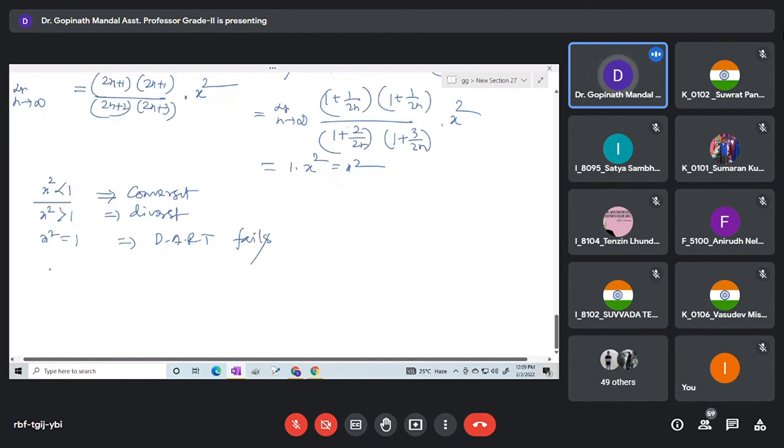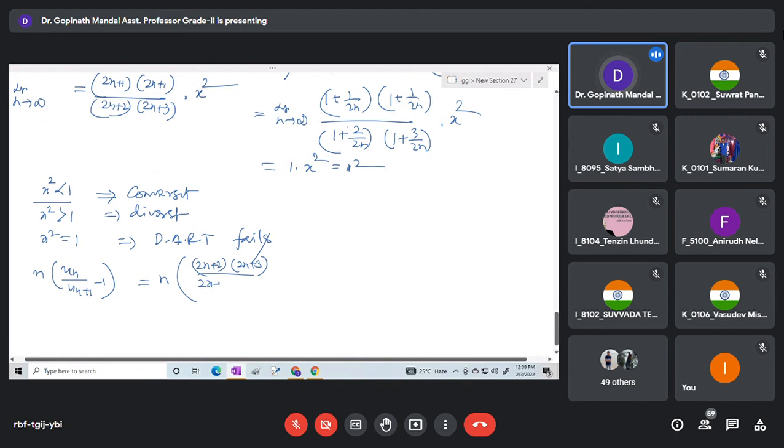In that case, we find n into (un by un plus 1 minus 1). So n into un by un plus 1, that is n plus 2, 2n plus 3 by 2n plus 1, 2n plus 1 minus 1.